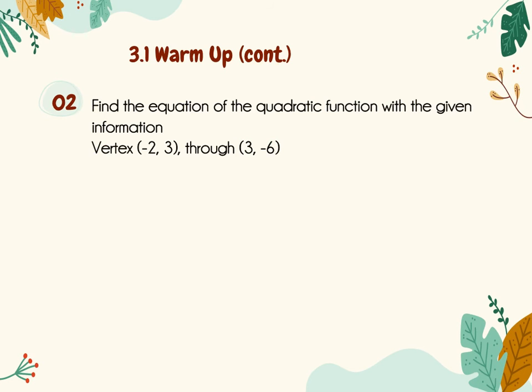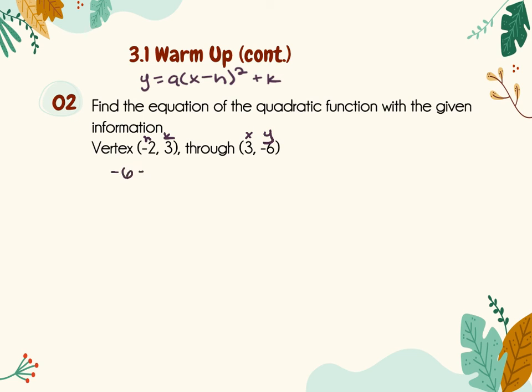Okay, then the flip, we didn't do yesterday, we did this the day before. If I'm given information about the equation, remember I want to plug it into the standard form, which is y equals a times (x minus h) squared plus k. The vertex is my h and my k, the coordinate is my x and y.